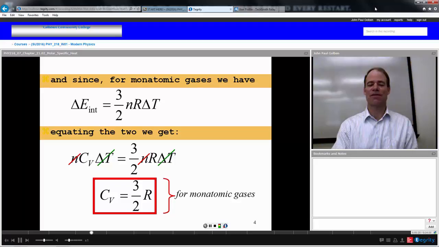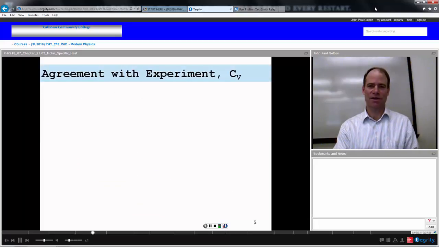So we have a definite value for the molar specific heat at constant volume for monatomic gases.